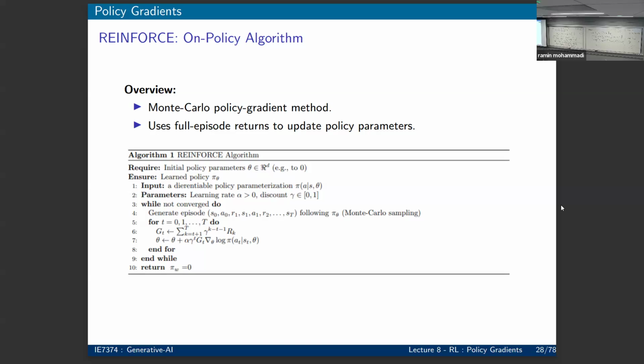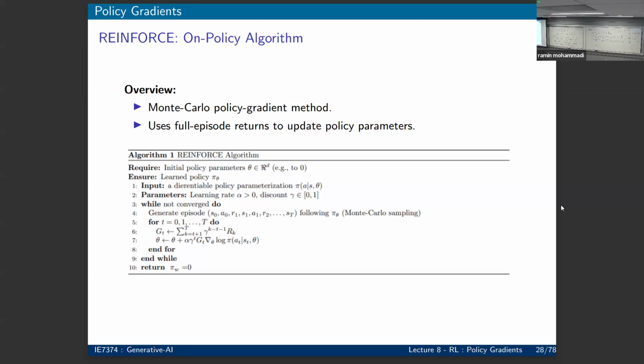For every episode, you go through the episode and calculate the total reward return for that episode moving forward. That becomes GT. Using that GT, you update the value of theta. So theta becomes previous theta, using basic gradient ascent, plus alpha times the discounted GT times the gradient of the log term, the likelihood.